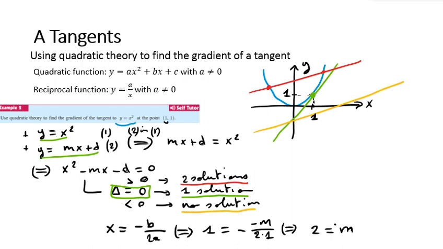So m is equal to 2. So the gradient of the tangent, here you can see the gradient, is equal to 2. That is the gradient of the tangent.